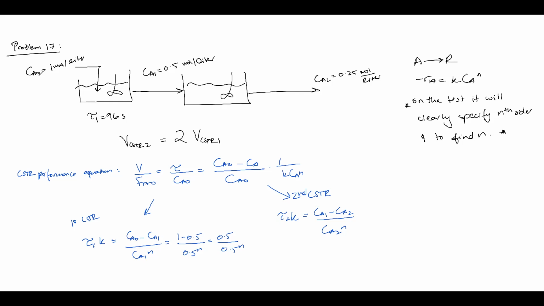It's not CA naught. So be careful with this as well. Sort of a simple idea, but it can trip you up, right? So in this case, CA1 is 0.5 minus 0.25, divided by 0.25 to the n. So I'm going to get 0.25 divided by 0.25 to the n.